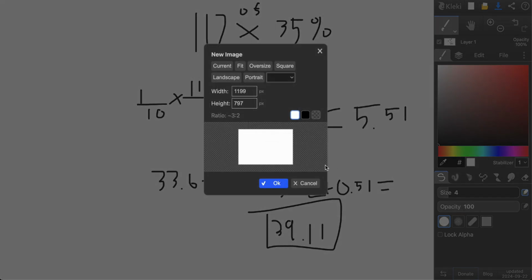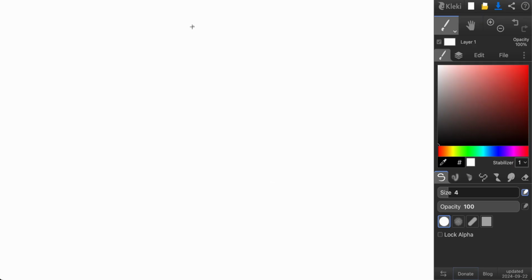Alright, now let's try to calculate another one. How about 15% of 96? That's a terrible percent sign, but whatever. Pause for a minute and try to figure it out.